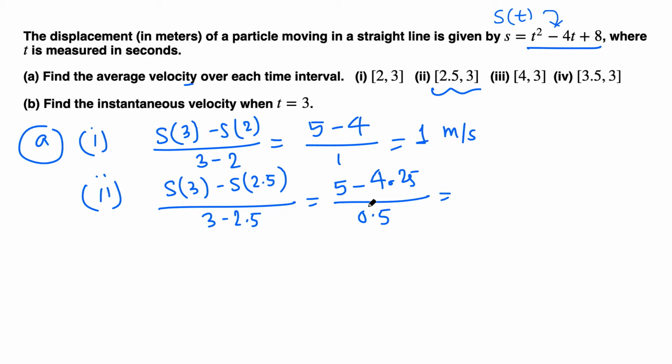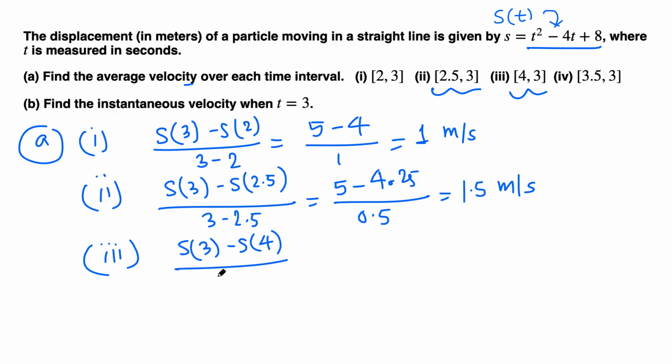Now use your calculator, subtract and divide by 0.5, it comes out to be 1.5 over this interval. Then [4, 3]: (S(3) minus S(4)) over (3 minus 4). This is 5 minus S(4), evaluate at 4, that's 8, over negative 1. Negative 3 over negative 1, just 3 meters per second.